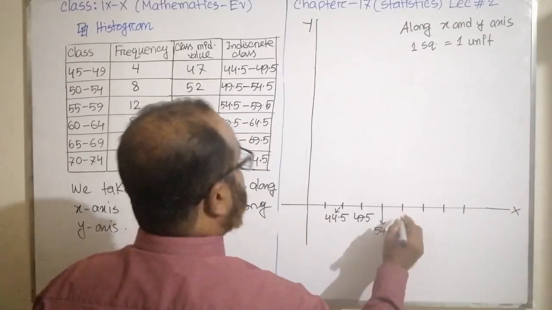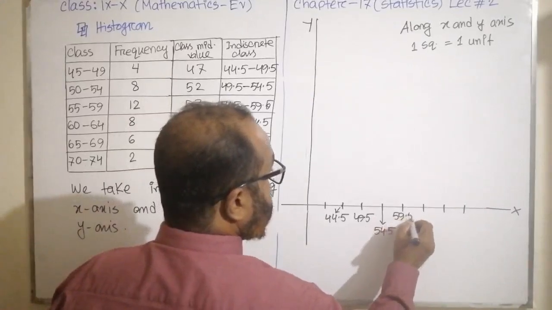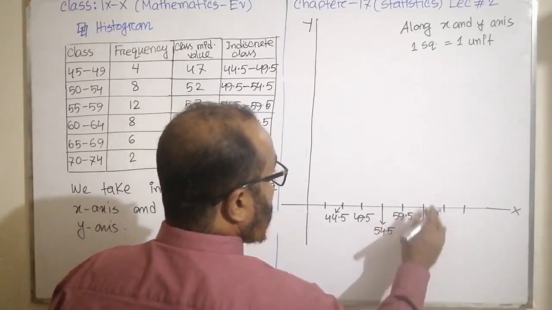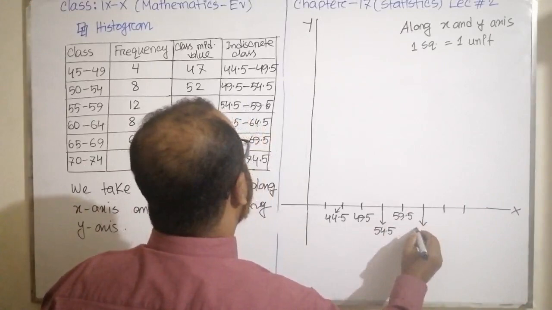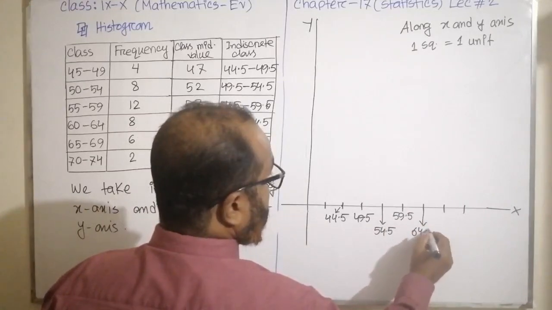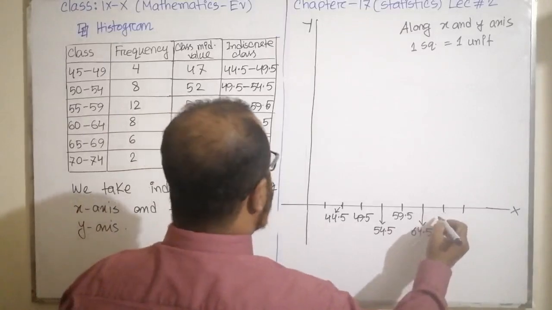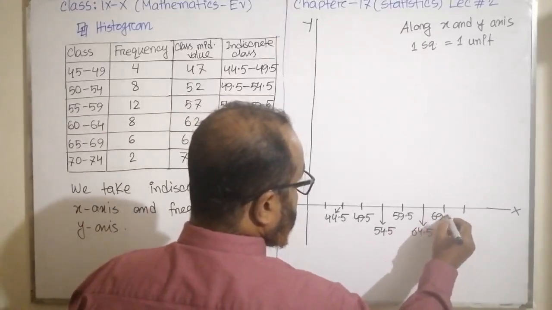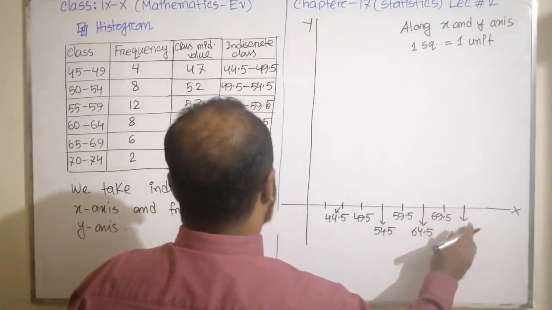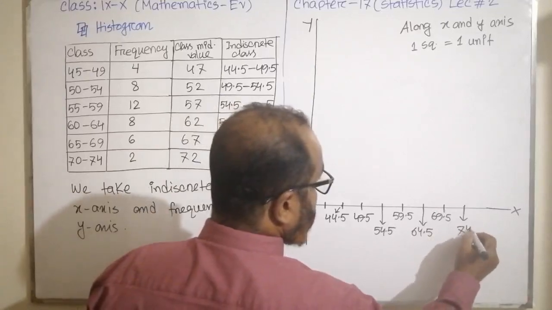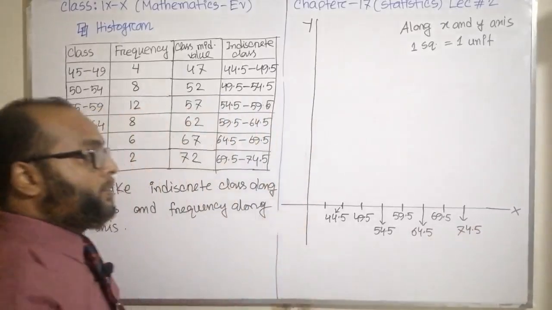After that, this is 59.5, 64.5, 69.5, and finally 74.5.